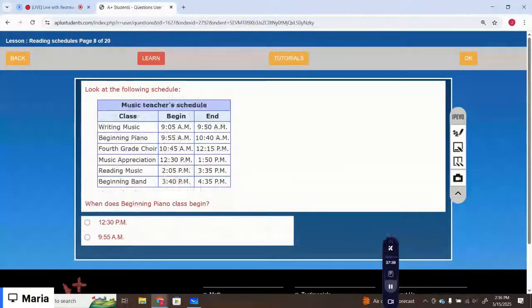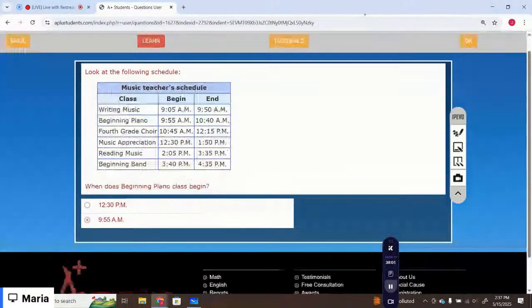Look at the following schedule. When does beginning piano class begin? It should be 9:55.